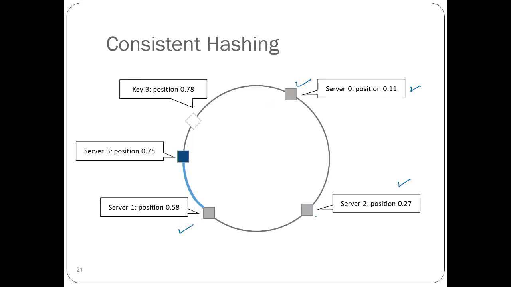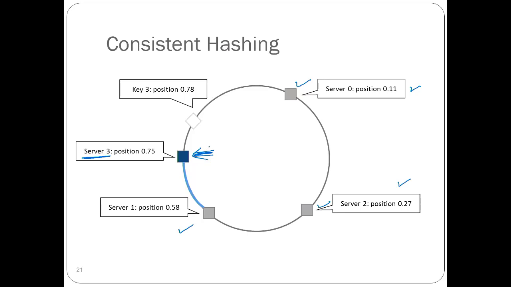These servers were already there. Now let's assume that we are introducing another server, which is server 3. And how will server 3 be placed on the ring? Hashing. Whether it is a key or a server, everyone would be hashed. So server 3 was hashed to 0.75.